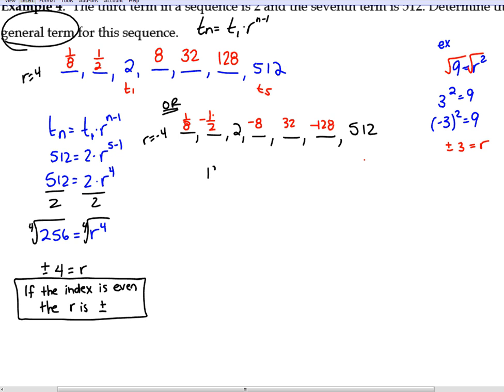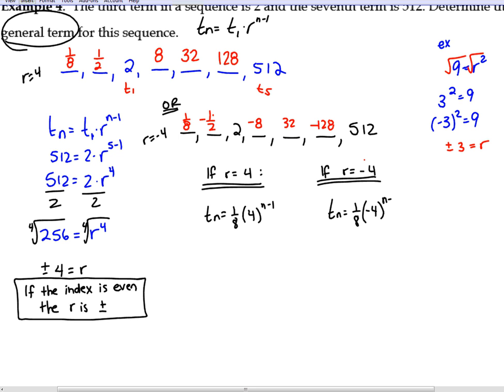So if r is equal to 4, or if r is equal to negative 4, there's two general formulas. The first one, if r was equal to 4, term 1 is 1/8 times 4 to the n minus 1. Or 1/8 times negative 4 to the power of n minus 1. It could be either as an answer. Okay?